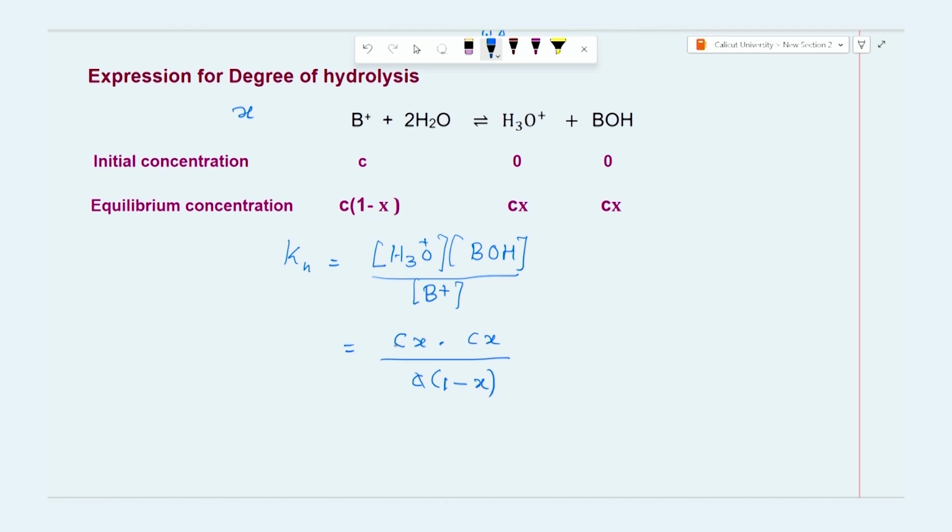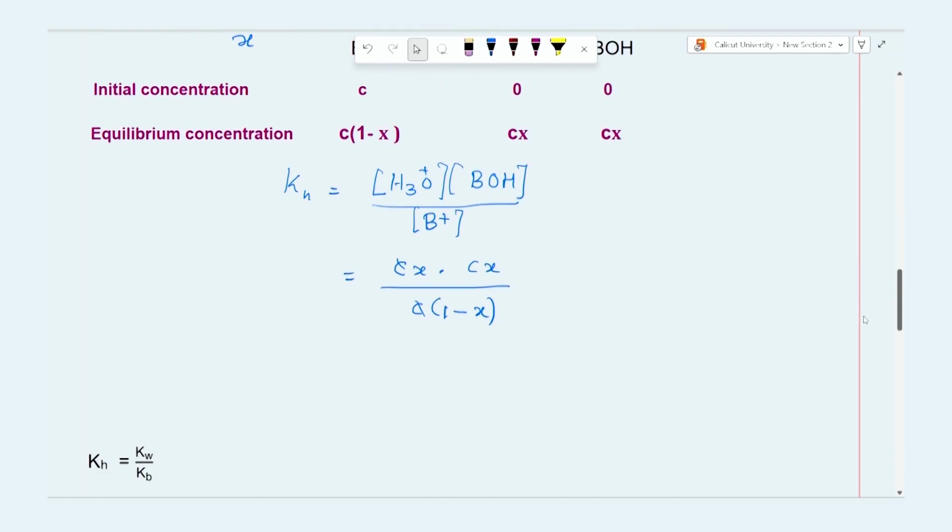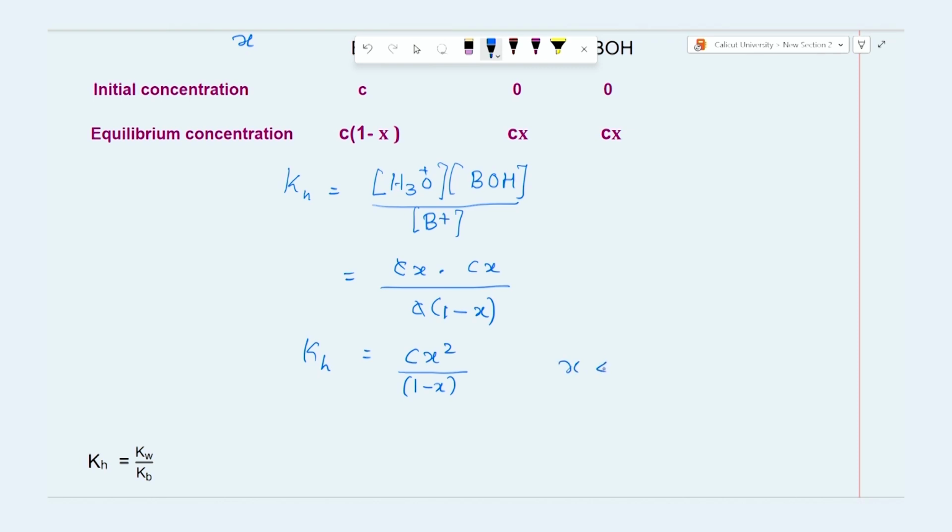Cancelling both C's, you get the expression Cx square divided by 1 minus x. Now, this is actually the degree of hydrolysis without any approximation. Now, I am going for an approximation: since x is very small compared to 1, 1 minus x can be approximated to 1. So, this becomes 1.